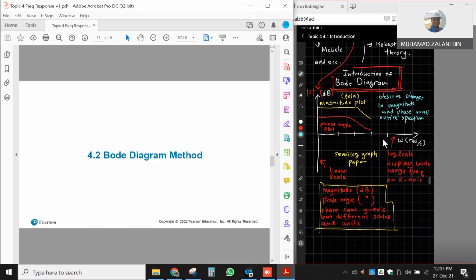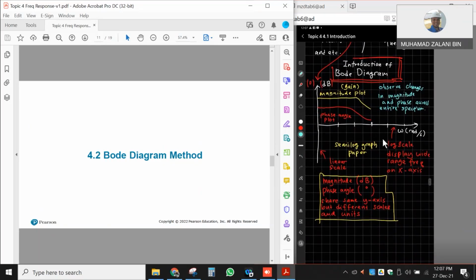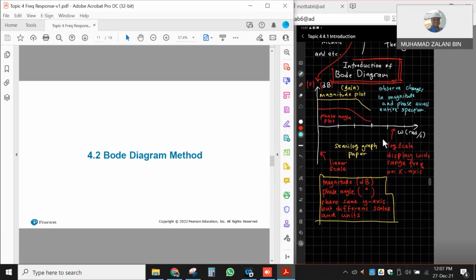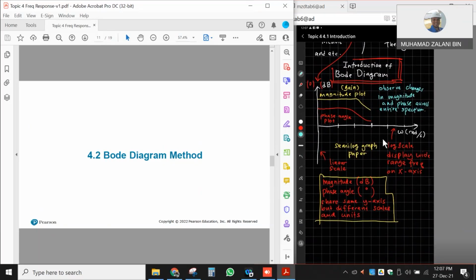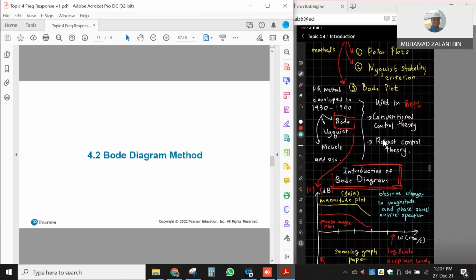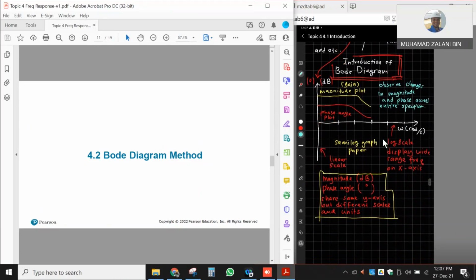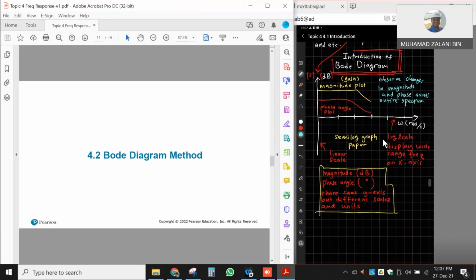But in this course, we are going to explore how we can do hand sketching, or manually sketch, the Bode plot based on the given problem. Because when we are familiar with sketching the Bode plot, we will understand more, and we understand further the advantage of sketching the Bode plot by hand.